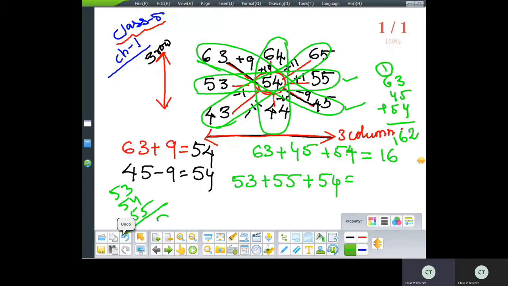So 5 plus 4, 9. 9 plus 3 is 12. Yes, 2, 1 carry. 5 plus 5, 10, 10 plus 5, 15, 15 plus 1, 16. 162. Got it? Yes, 162. So this is just a fun, children.